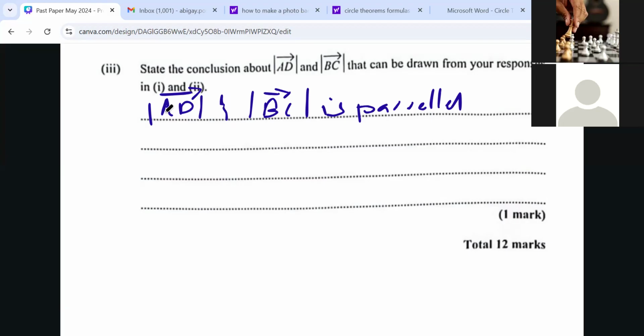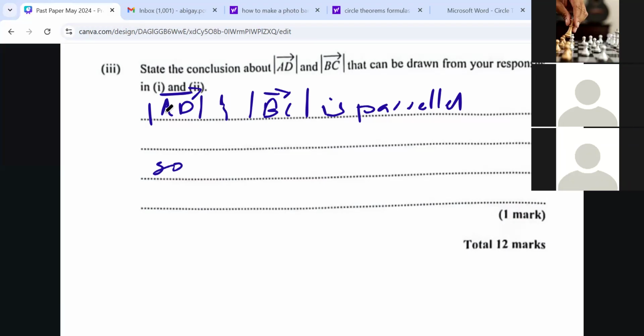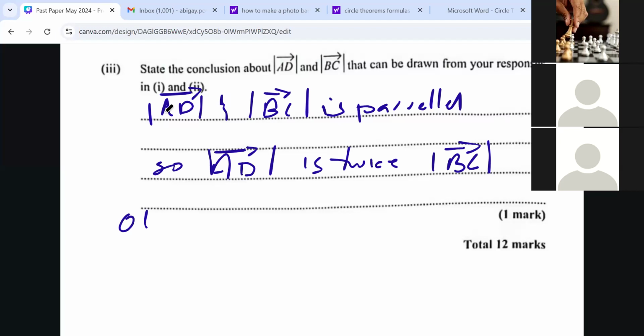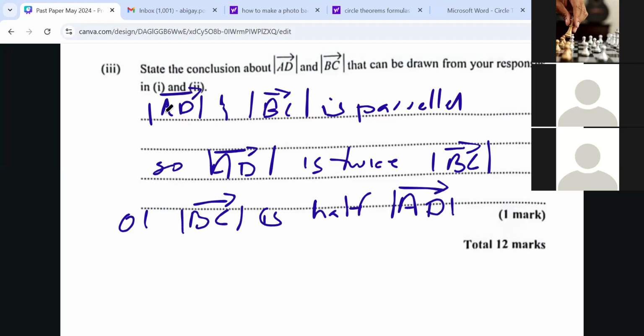And we can also say AD is twice BC, or BC is half AD. Any one of them and you're correct. And that is the 1 mark.